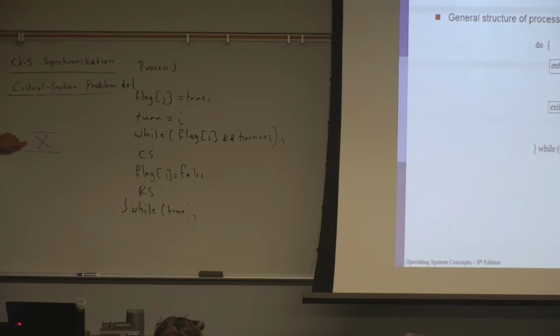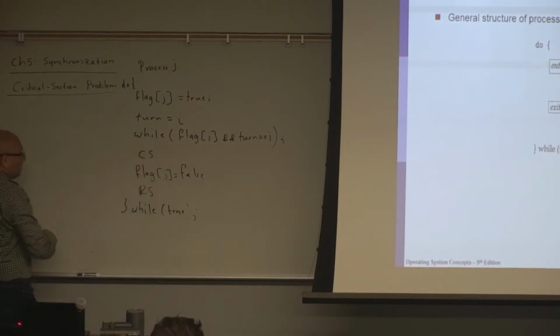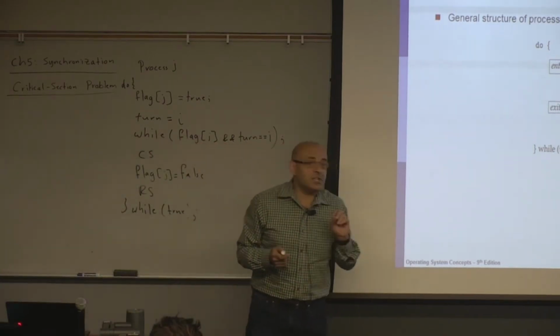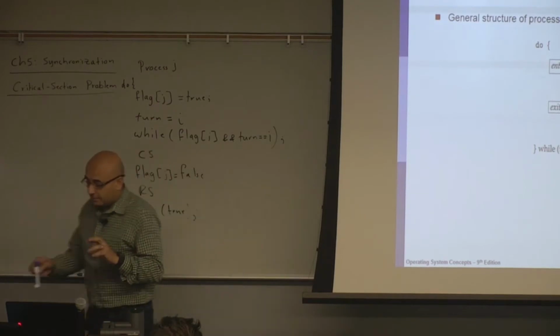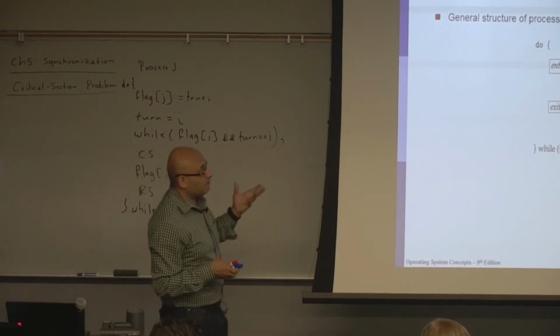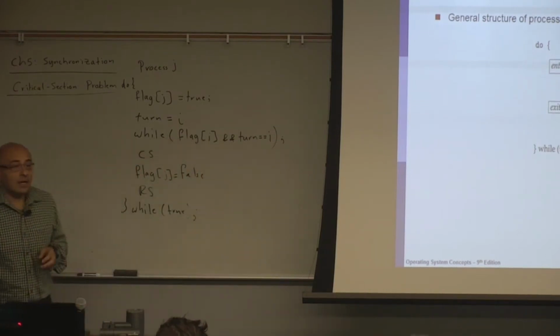You're only interested in locking the processes that are accessing the same shared variable. Okay. All right, so this is the critical section problem. So a section of code that modifies a shared variable should be treated very carefully. We want to make sure that the modification of shared variables is done atomically.